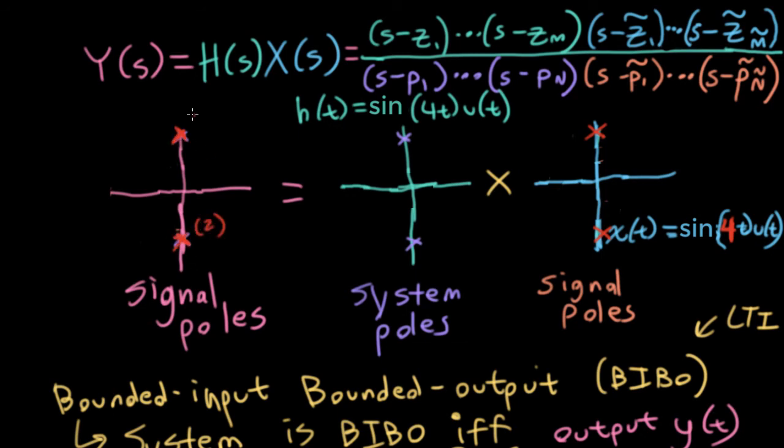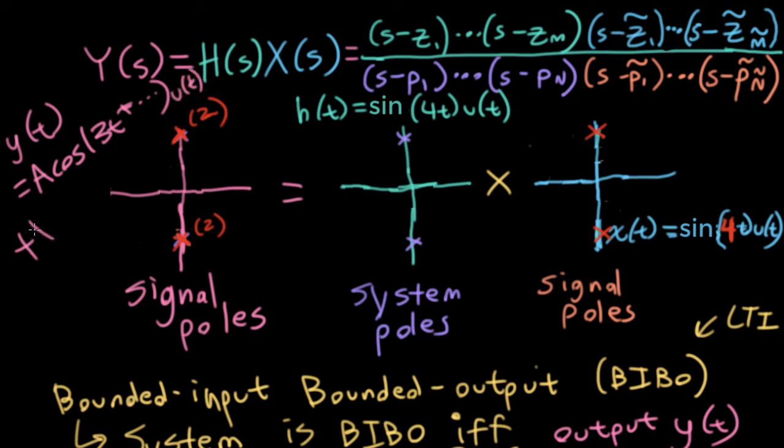So if you think about what the partial fraction expansion of that is going to look like, remember when we have repeated roots like this, I'll need to add additional terms to the expansion. So I'll still have a first order term that's going to give me some sort of cosine of frequency 4, and maybe there's some phase here, u(t), I guess I should add here.